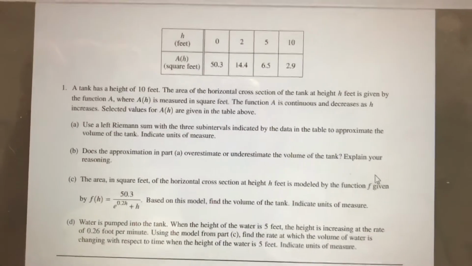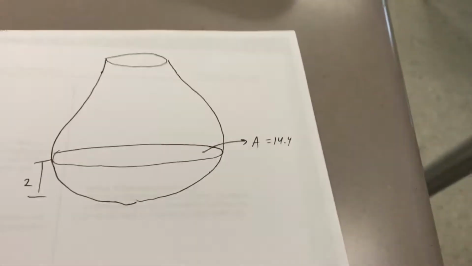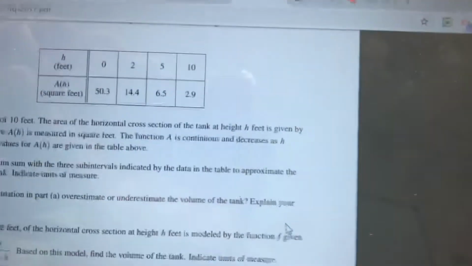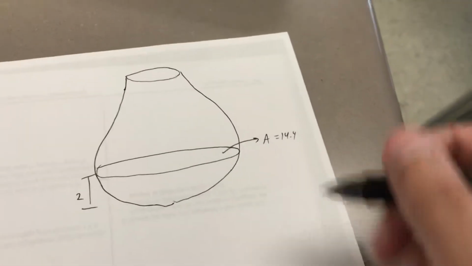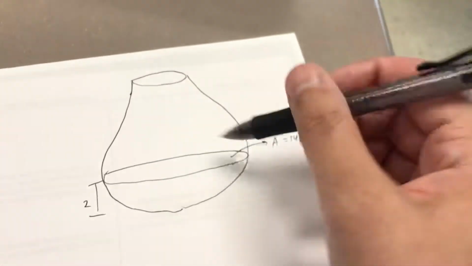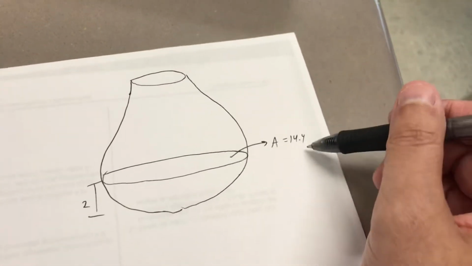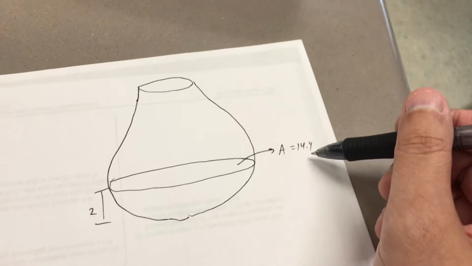So I'm kind of giving you an image here. This is not exactly what's happening. If you look there, it's actually the widest at the bottom, 0 feet off the base. It's got an area of 50.3 square feet, and then it kind of drops. So this isn't exactly like that. But for example, they say that 2 feet off the ground, a cross-sectional area is 14.4 square feet.